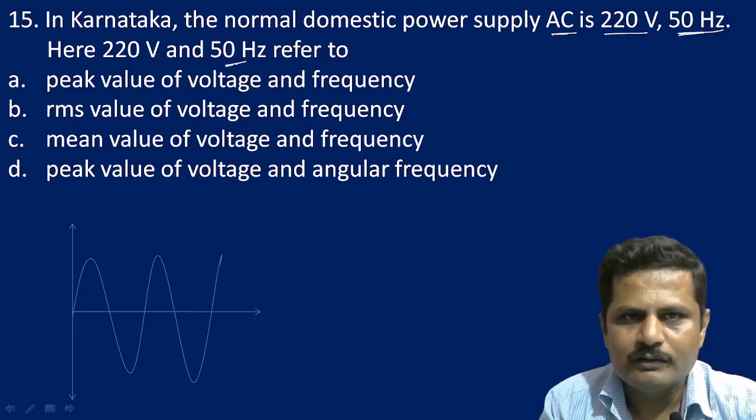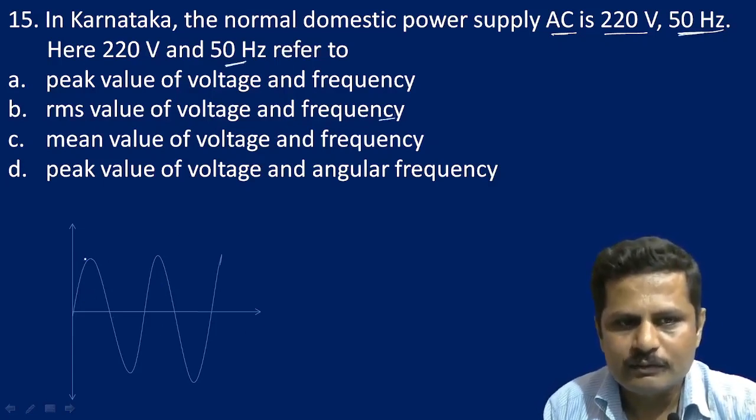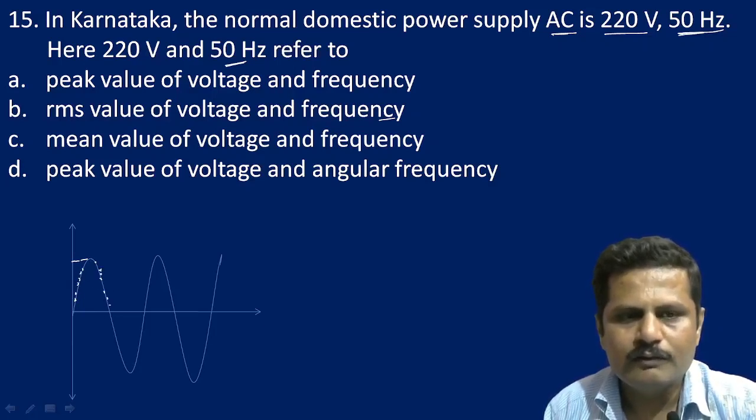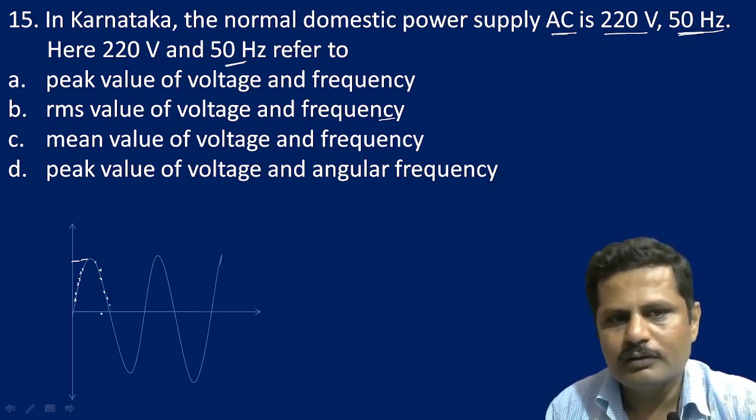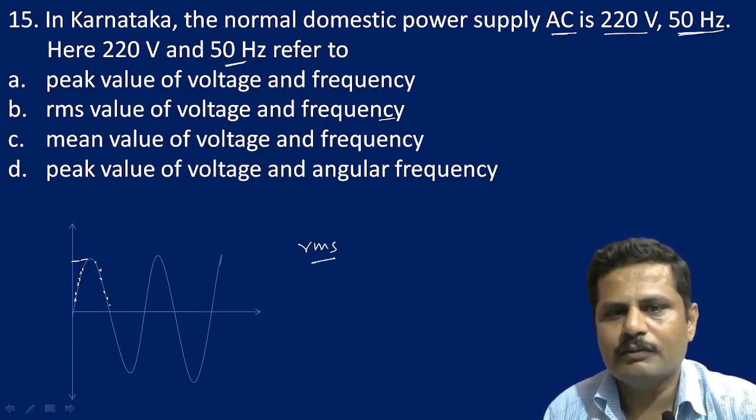So 50 hertz represents frequency. Next, this is the peak value of the voltage, and we need to consider all the voltages, that is, instantaneous voltages. So the square root of the mean of all the squares of instantaneous voltages is considered as the RMS value of voltage or RMS value of current.